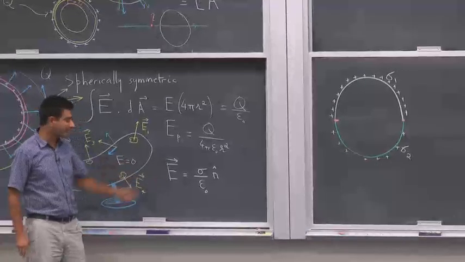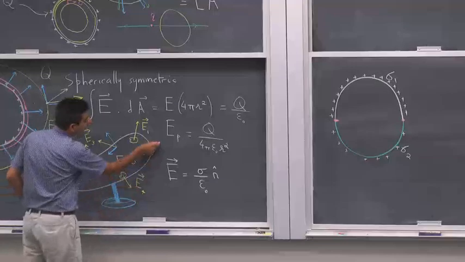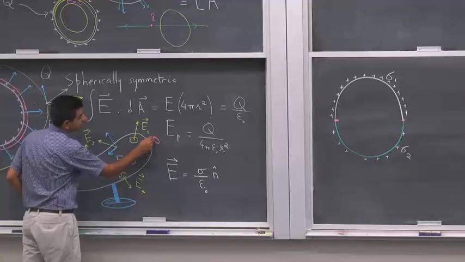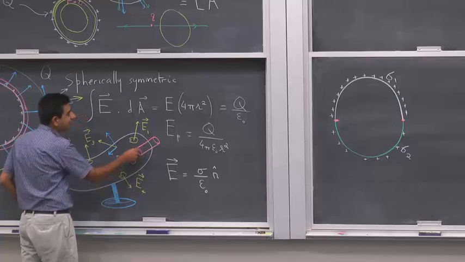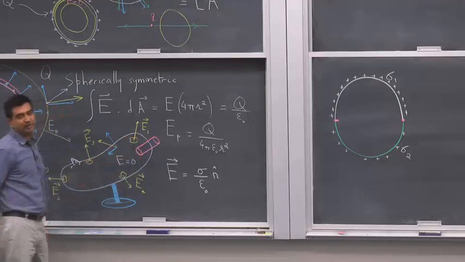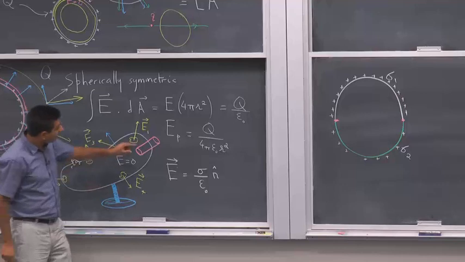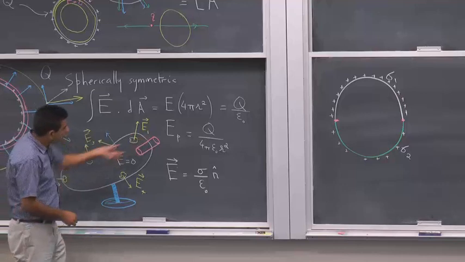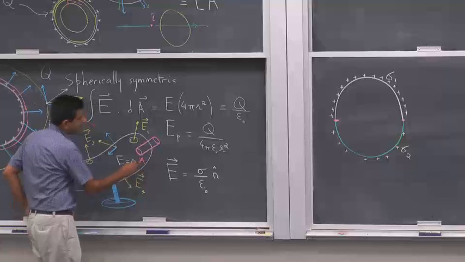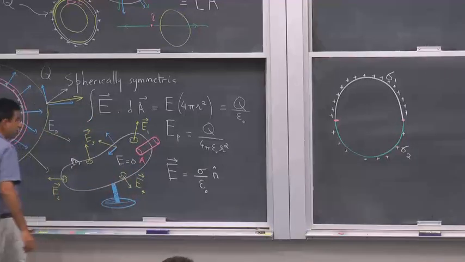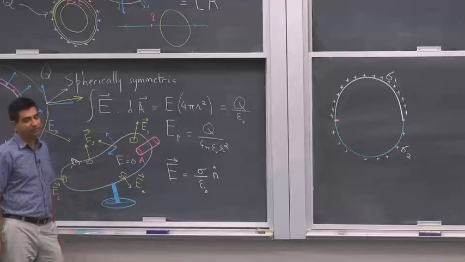How do I derive this electric field? I can just draw a Gaussian surface, which is a cylinder, whose one end penetrates inside the interior of this object. And these sides are normal to the surface. And this end cap has area capital A. Now I know by construction that the electric field inside has to be zero.